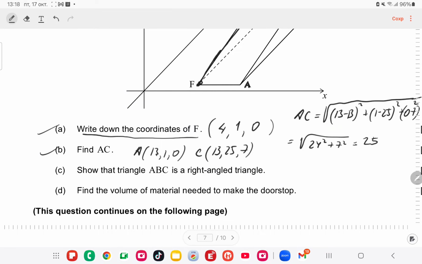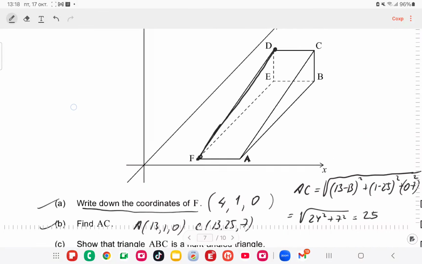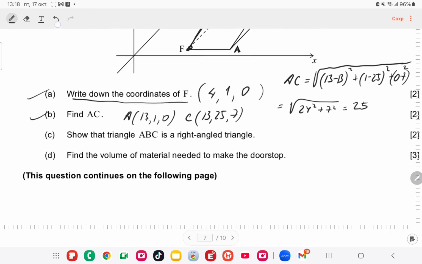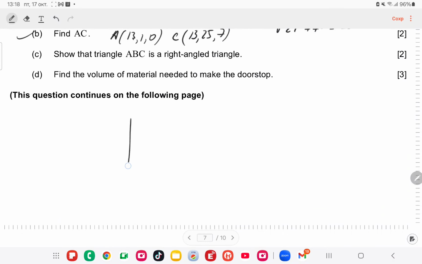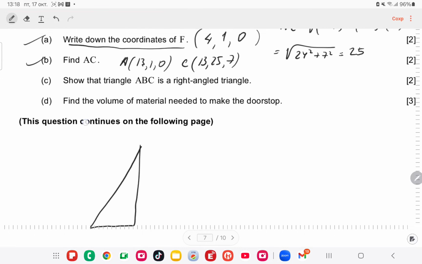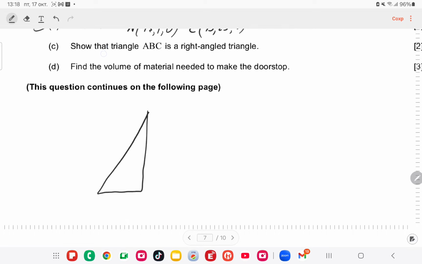Let's turn to part C. Show that triangle ABC is a right angle triangle. If we sketch the triangle separately, somewhere here, how do we show that this triangle is a right angle triangle? We know that AC is 25.